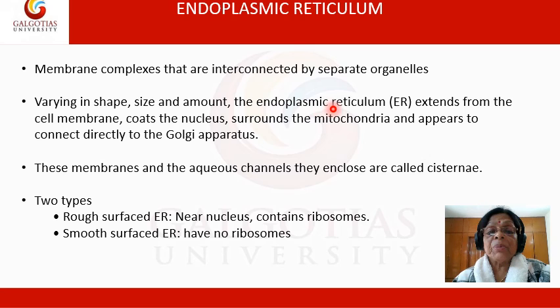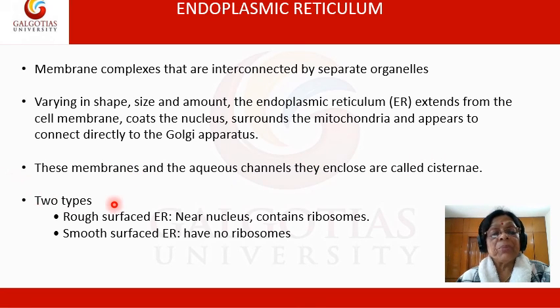The endoplasmic reticulum extends from the cell membrane, coats the nucleus, surrounds the mitochondria, and appears to connect directly to the Golgi apparatus. These membranes and the aqueous channels they enclose are called cisternae.